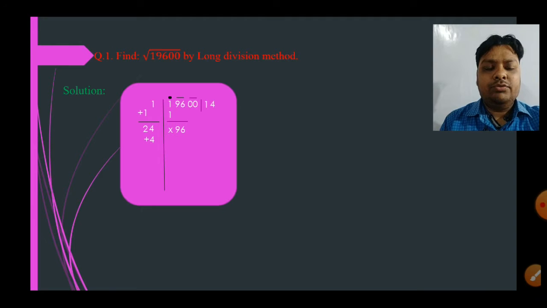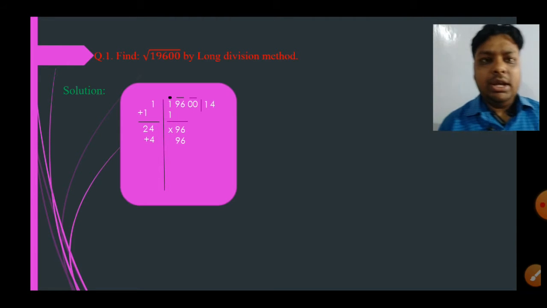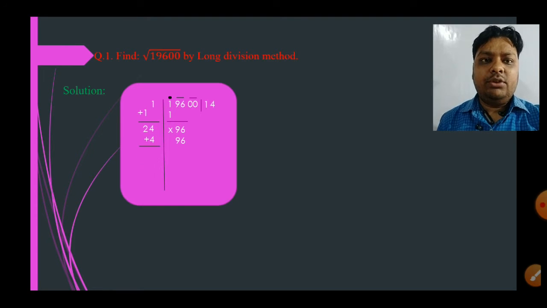Then the product of the divisor will be 24 into 4, which is 96, below the second period. Then we will add 24 plus 4 and get 28, and 96 cancels out, and we note down the 0.